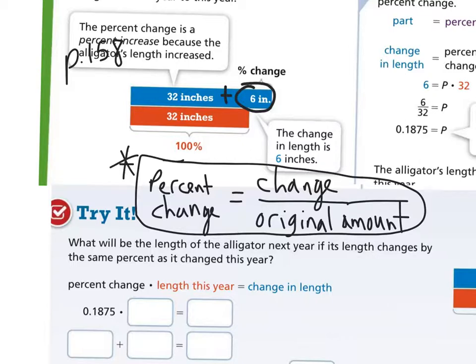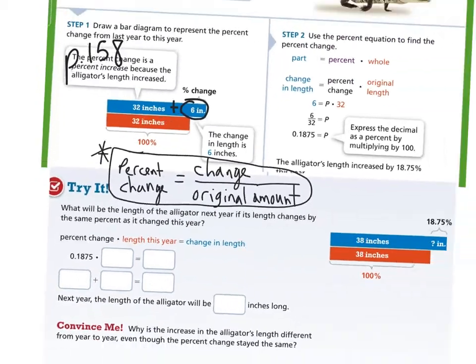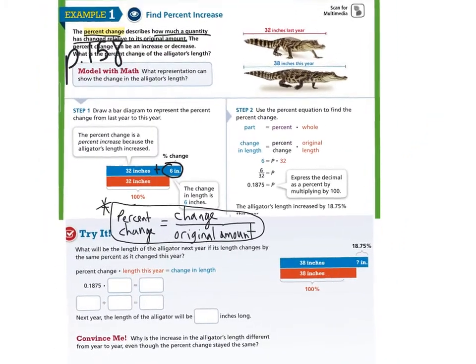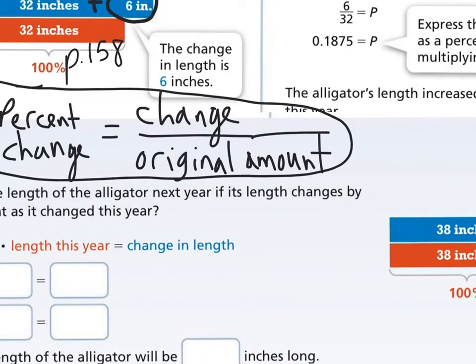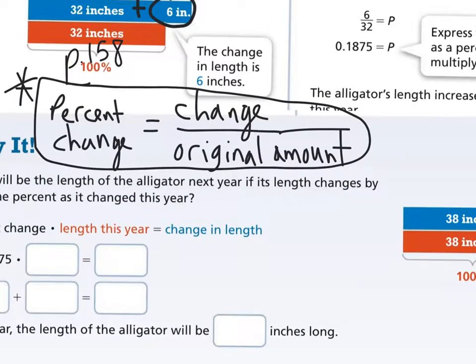So on this problem, it went from 32 to 38 inches, so the change was 6. Okay, and again, since there wasn't a 6 there, we could show how we got that by taking 38 minus 32. And then the original amount was what it started at, so that would be the 32 inches.